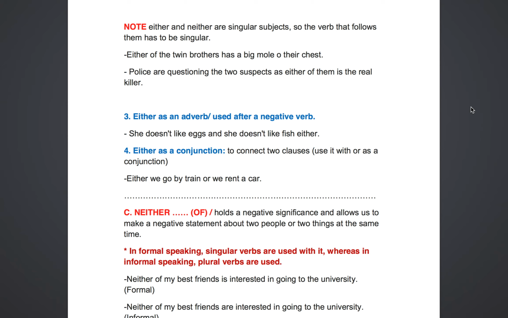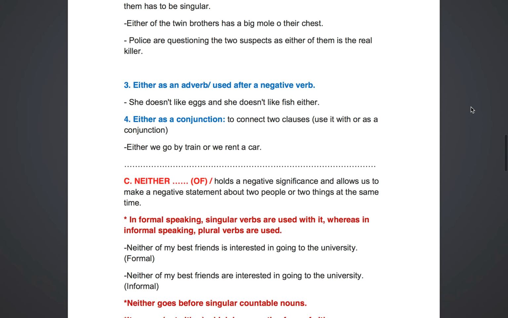Even though the subject we have here is plural, we have to have a singular verb because either refers to one of them, not both of them together. Police are questioning the two suspects as either of them is the real killer.